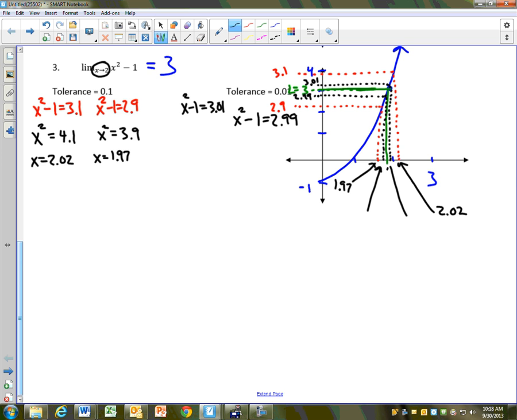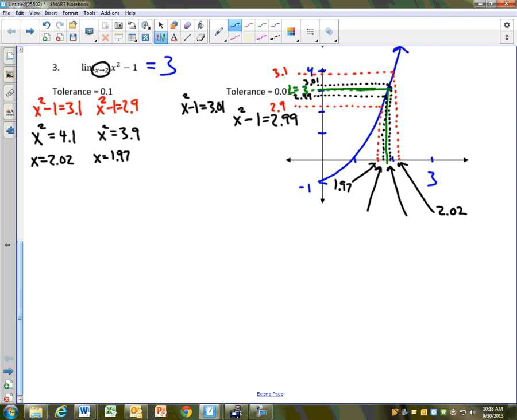So let me ask you this question. If we want to ensure that our tolerance of error for the limit is going to be within 0.1, how close do I have to be to my x value? How close do I have to get, approximately? 0.02 or 0.03.